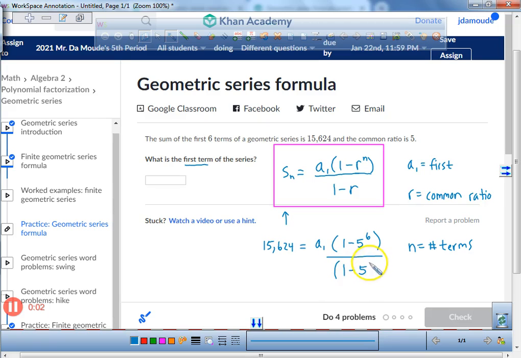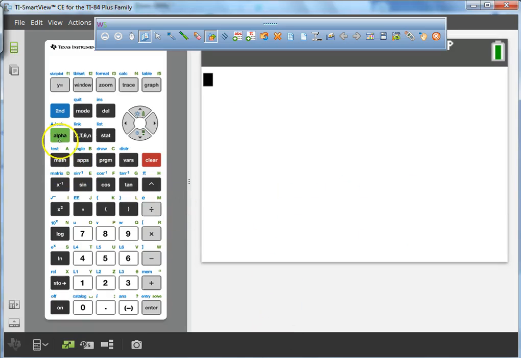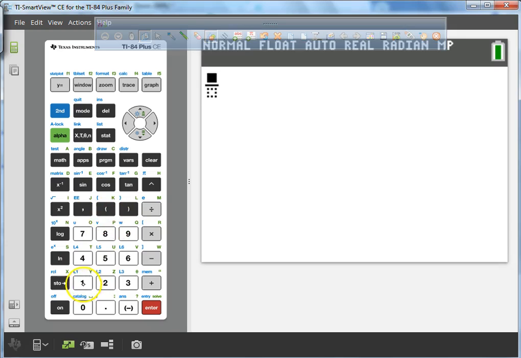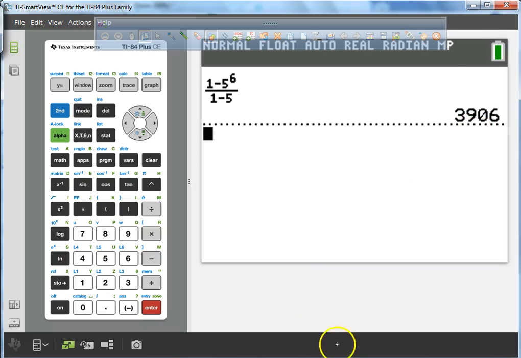When you guys are doing this, it's very important that in your calculators you do this part first. So we're going to do that in our calculators right now. Alpha y equals enter. We have 1 minus 5 to the power of 6 in the numerator, and 1 minus 5 in the denominator, and we get 3,906.